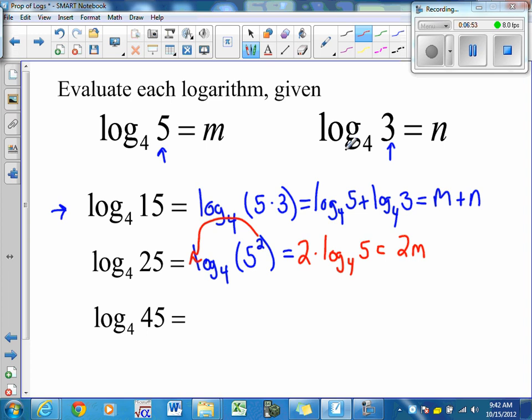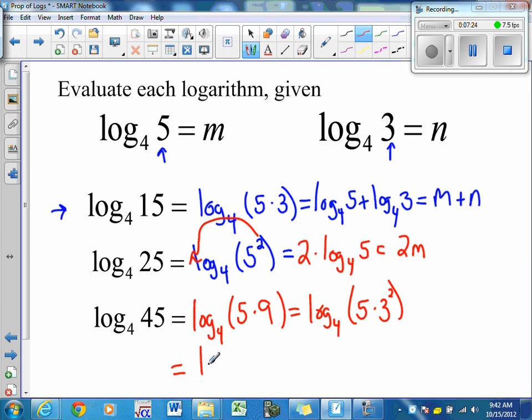So how can I use 3 and 5 to get 45? Well, 45 is 5 times 9, and 9 is 3 squared.